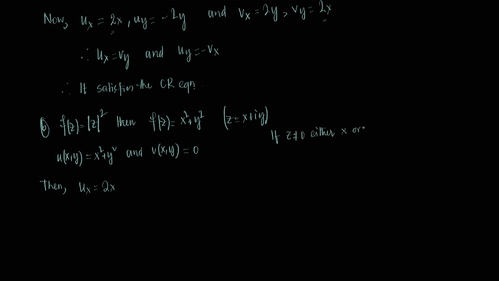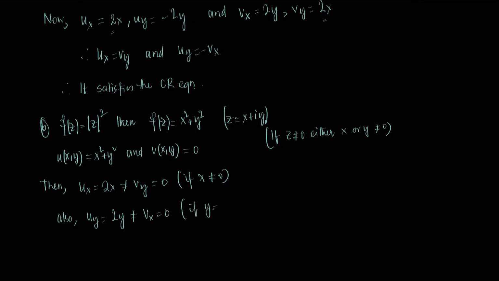So in this case, u_x equals 2x, which is not equal to v_y, because v_y is always going to be 0, if x is not 0. So this part is not satisfied. Also, u_y is 2y. That is not equal to minus v_x, which is 0, if y is not 0.